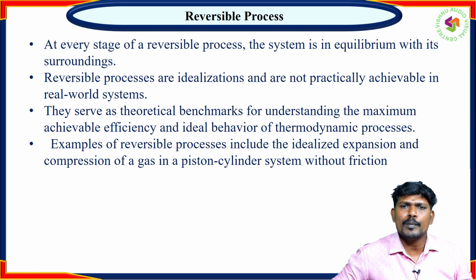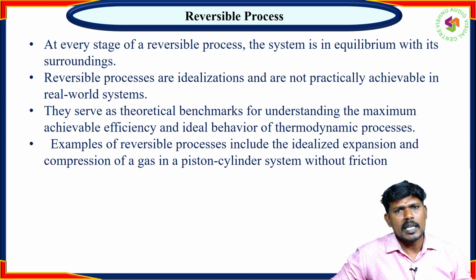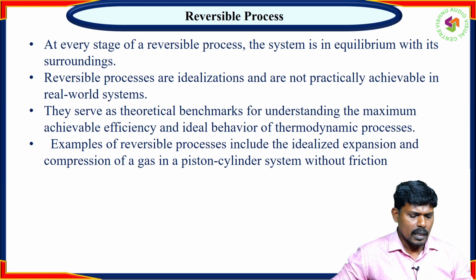Generally, reversible processes are idealized processes, and they are the benchmark for real processes. In the real world we don't have a completely reversible process, but a frictionless piston-cylinder system we can consider a completely reversible process.